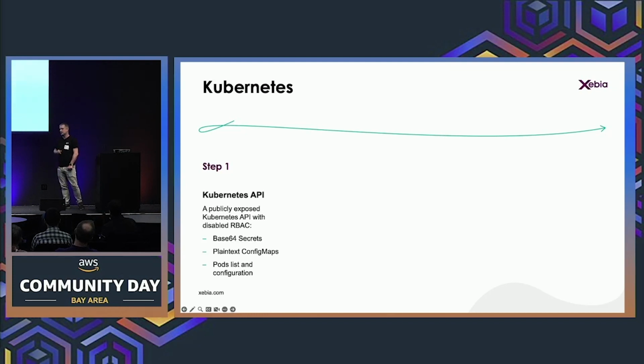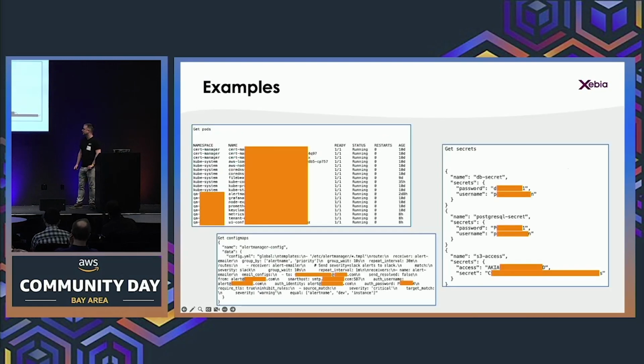You can check config maps, so contents of configuration files you use on your pods. You can check the pod list itself, what runs on that Kubernetes cluster, and you can check a list of all secrets. Secrets are encoded with base64, so you can easily decode them.